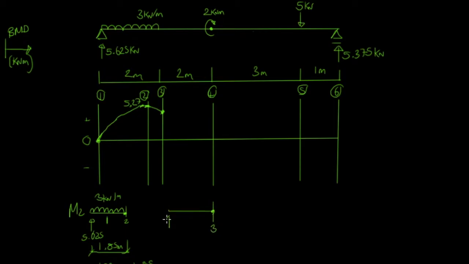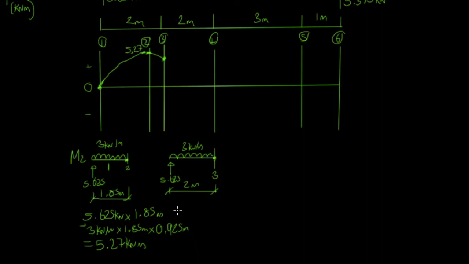So we've got this, and then we're going to have a 3 meter line load, and this is 5.625, and this is 3 kilonewtons per meter, and this is the distance on the left hand side, which is going to be 2 meters.